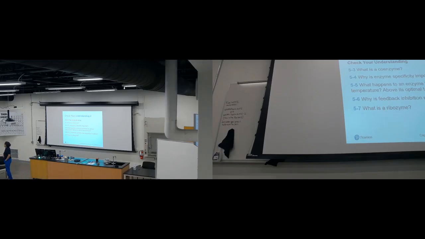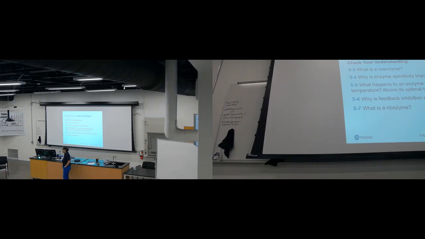So what will happen if we have less than optimal temperature with the enzymatic reactions? Will they occur? Much lower rate. Yeah, a much lower rate, or maybe not. But what about if the enzyme denatures?